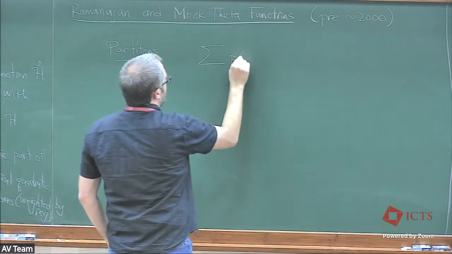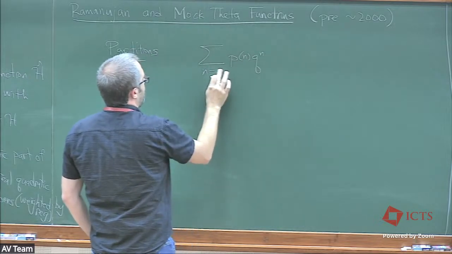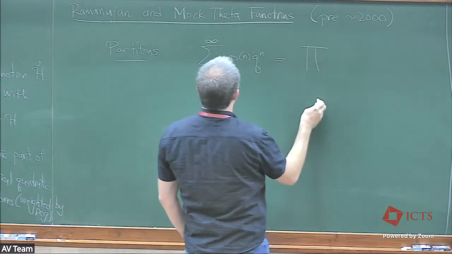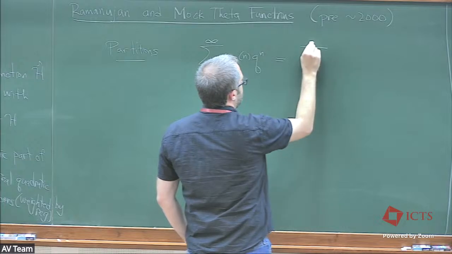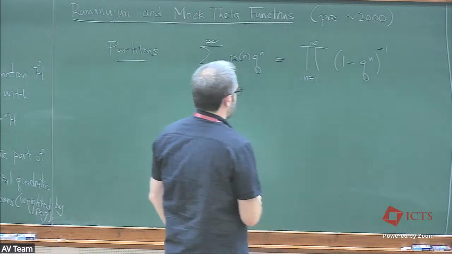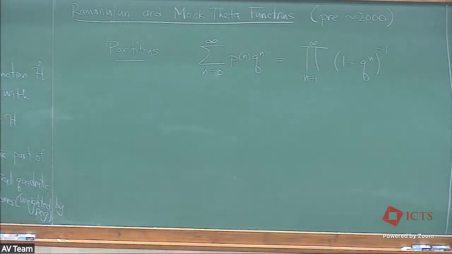So if we look at the generating series for partitions, this is the infinite product that has shown up several times before, the product of 1 over (1 minus q to the n). This is essentially the inverse of the Dedekind eta function, so that will come up in a minute.